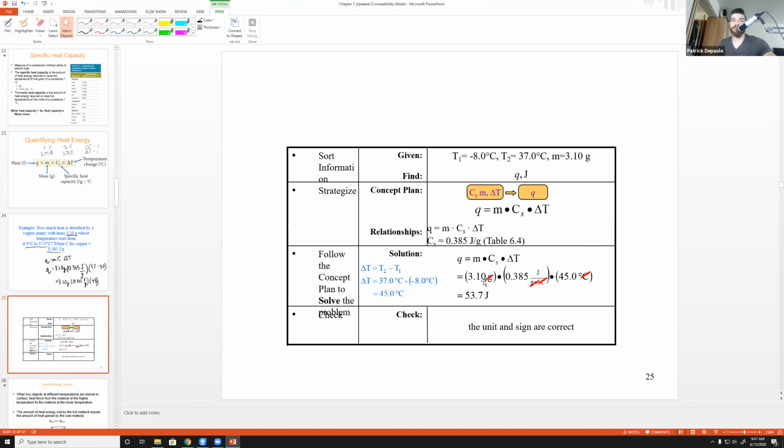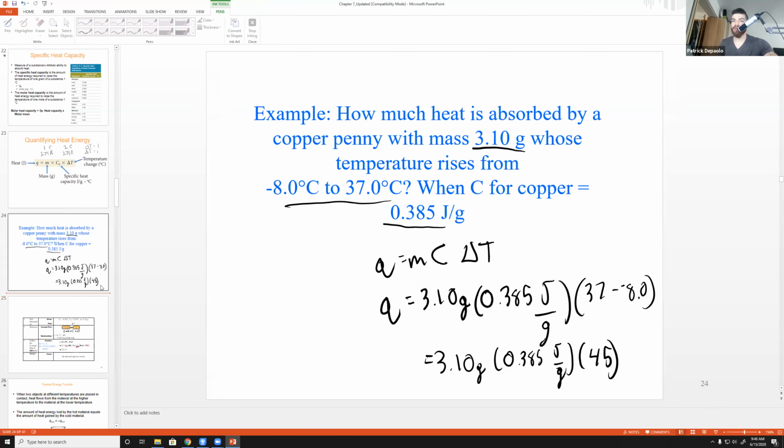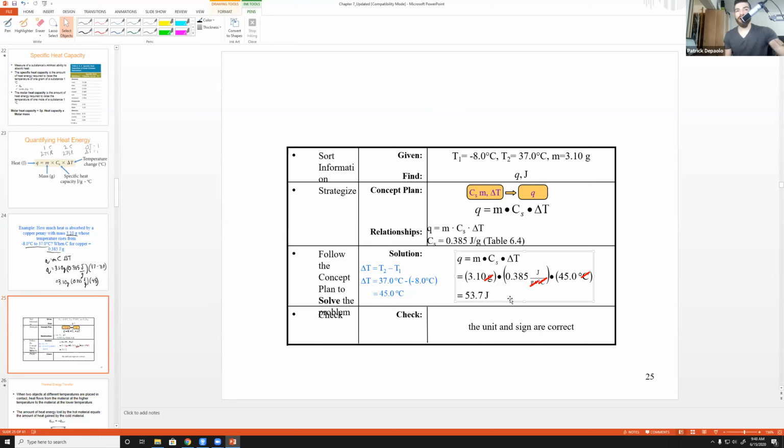There's supposed to be Celsius there. I knew it. All right, so then your answer is going to be 53.7. But yeah, you can see 53.7 right there. Cool. Okay, any questions on that one?